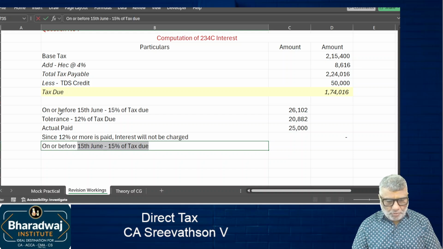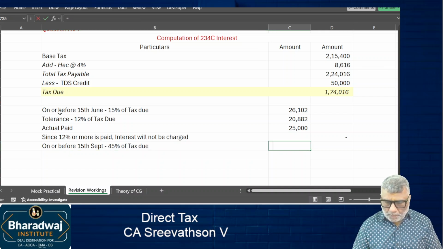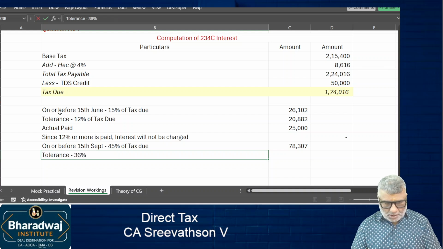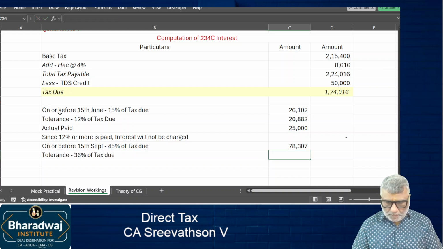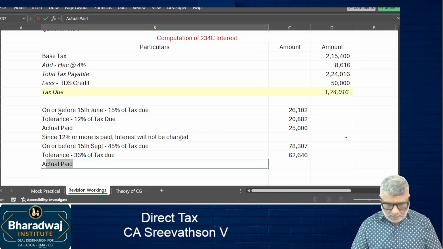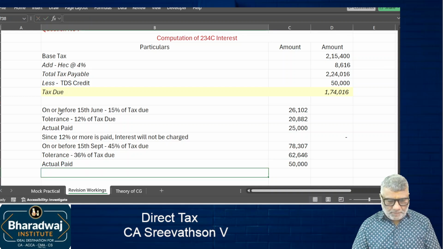On or before 15th September, 45% of tax due. Tolerance is 36% of tax due. Actual paid is 50,000.